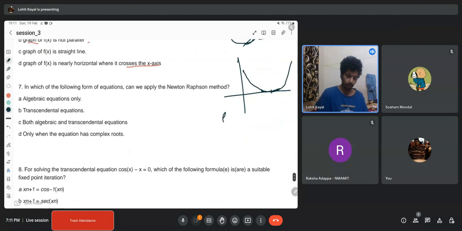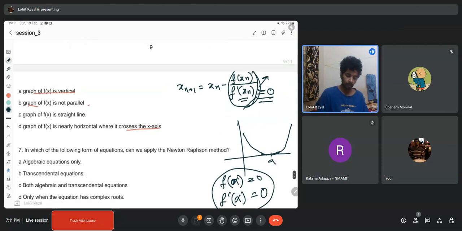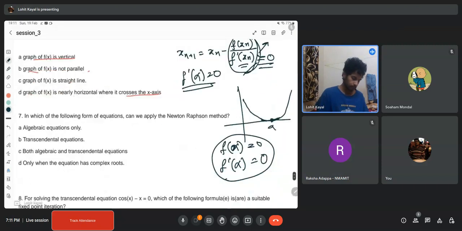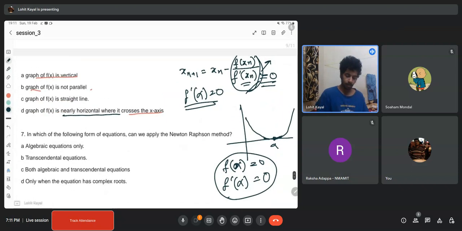Suppose this value is alpha, if f prime of alpha is equal to 0, so this is nearly horizontal where it crosses the x-axis.